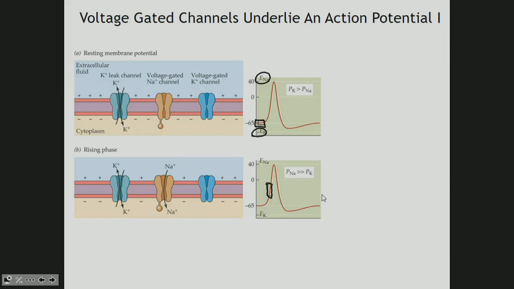And if you think about neurotransmitters, those are acting, and I have some slides on this later too, talking about synapses at the dendrites, which are going to change the polarity. They're going to increase the permeability of that cell to sodium. So it's not just the voltage-gated channels that are doing that. This is how you generate an action potential. But if you take a step back and ask, how do you actually get to the rising phase to begin with? How do you go over that threshold?